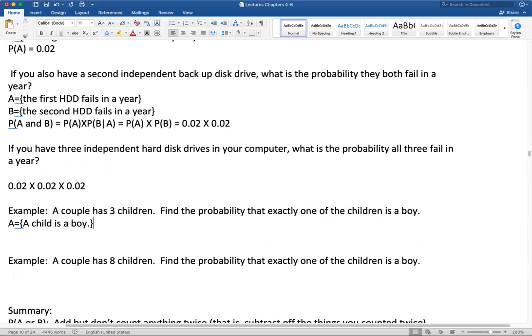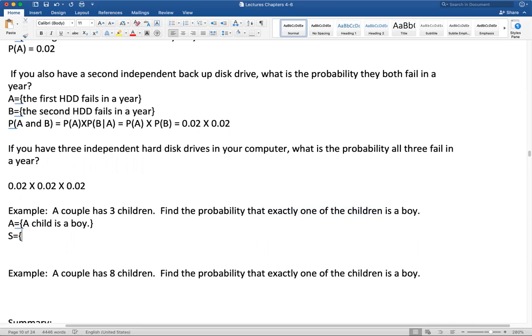Okay, then let's figure out the sample space. Let's say B means boy and G means girl. Then we can say starting from BBB, and then BBG, BGB, and then GBB, right?